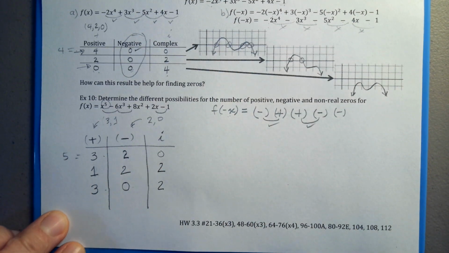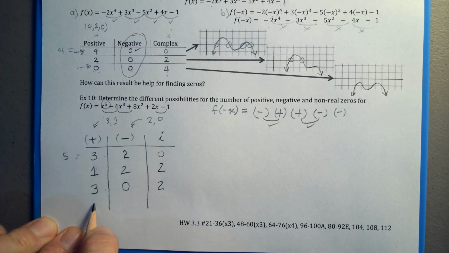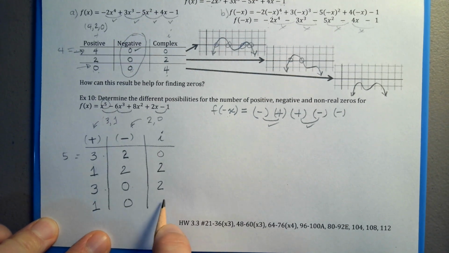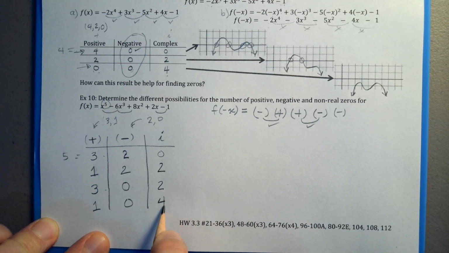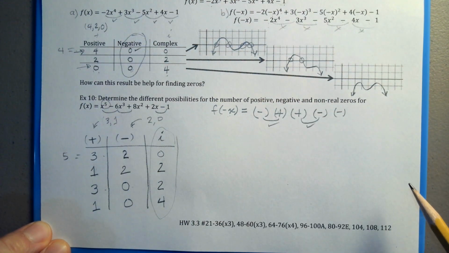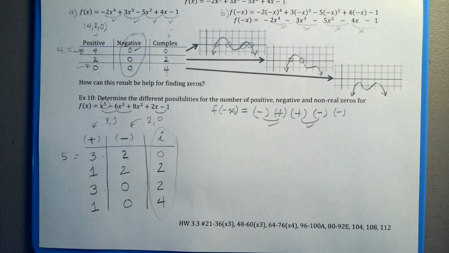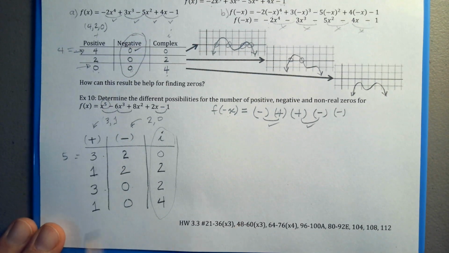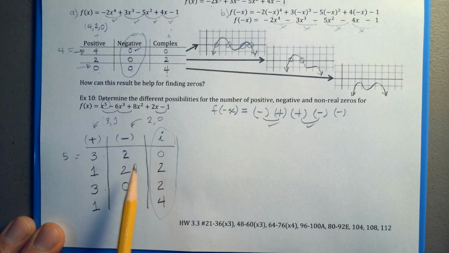And finally, we could have 1, 0, and 4. Notice all of these complex counts have to be even at all times. The complex conjugate theorem tells us that any zero that's complex has its conjugate also. Okay? So these are all the possibilities.